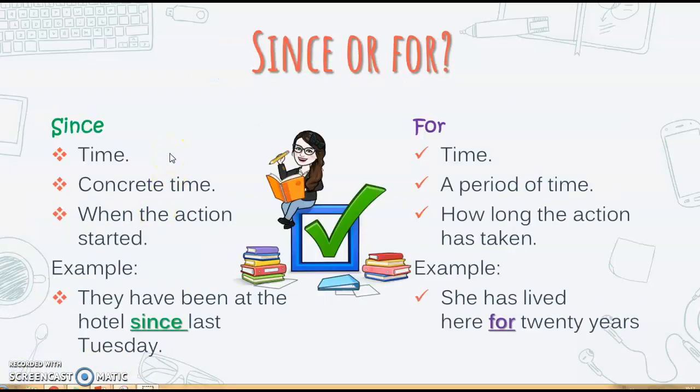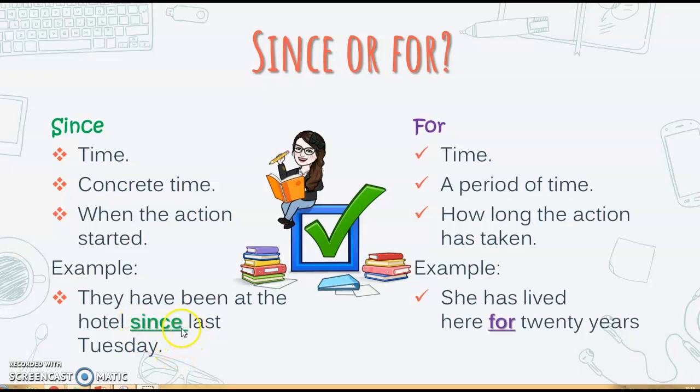Here, we are going to take into account these two important prepositions, since and for. These are going to help us to talk about time expressions. So, we are going to use since for a concrete time. So it means that the time is where the action starts. Okay, for example, they have been at the hotel since last Tuesday.